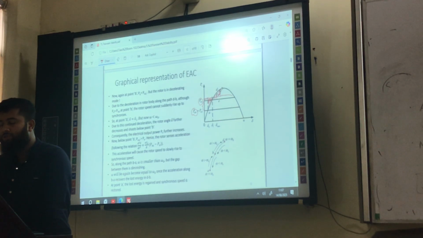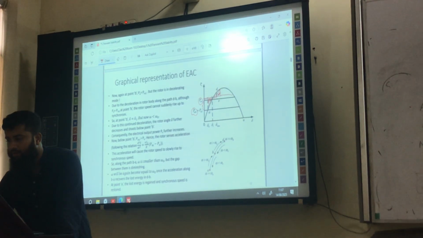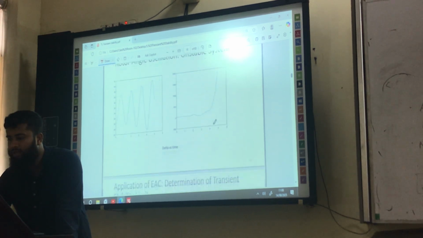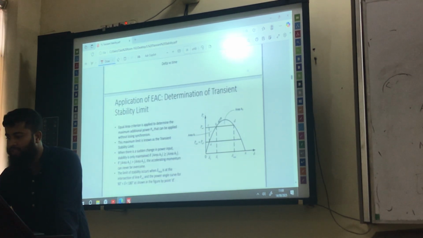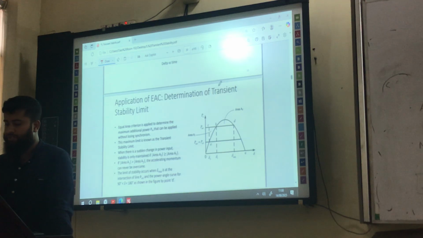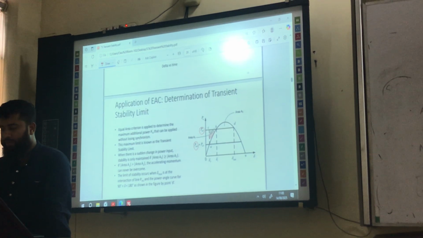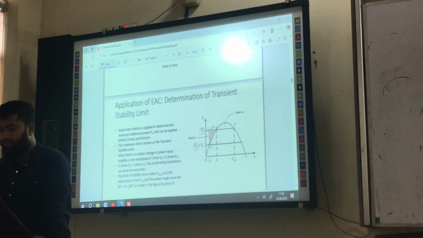If we completely take all the decelerating area like this case, this is the limiting case, where this is the increase from PM0 to PM1 and this is the accelerating area. To give back this accelerating area in the decelerating region, we need to take all of this area.